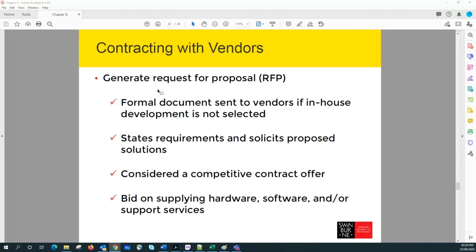We call it an RFP document. This is a formal document that we can send to different vendors if in-house development is not selected as the preferred method. The vendors can then bid for supplying not only the software but also the hardware and other supporting services for the organization.